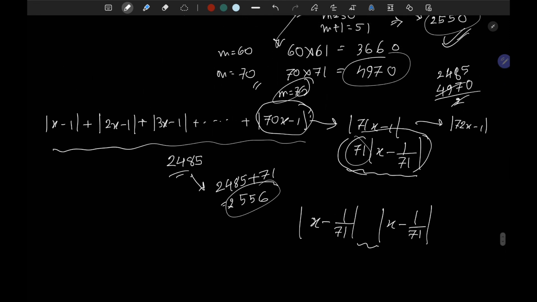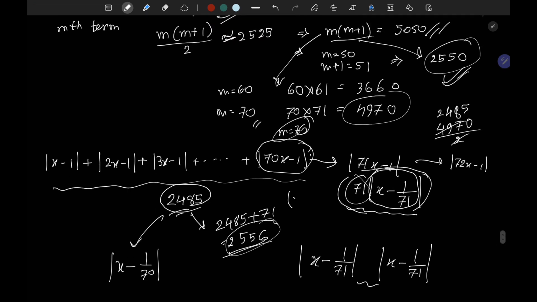Let me repeat that again. Up till 2556 equivalent terms, we had this. We are ending with this particular term, x minus 1 by 71, right? And up till 2485 terms, we were ending with this, your x minus 1 by 70 term. So the terms in between are all mod x minus 1 by 71s, right?